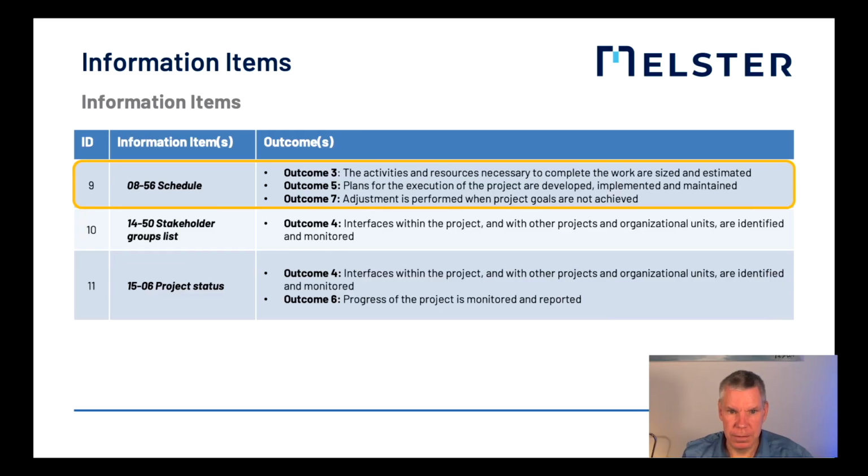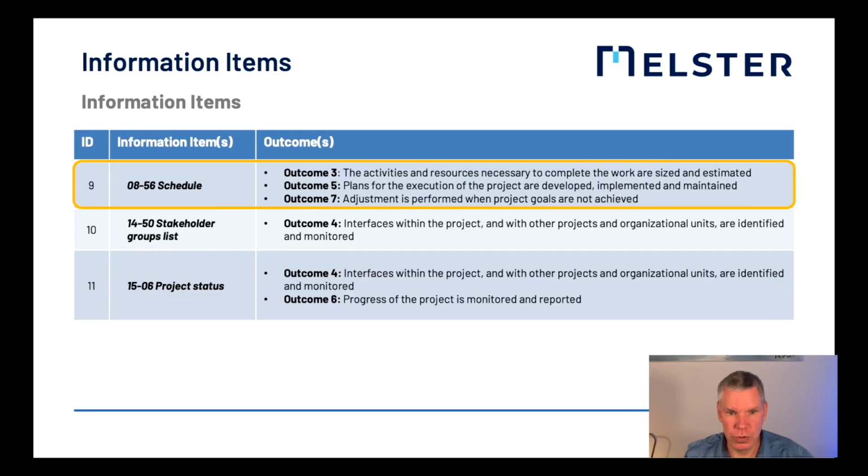The information item schedule contributes to the outcome number 3 as it contains the activities and the respective estimations. The schedule is therefore part of the plans on how to achieve the project goal, and it contributes to outcome number 5. Plans for the execution of the project are developed, implemented, and maintained.